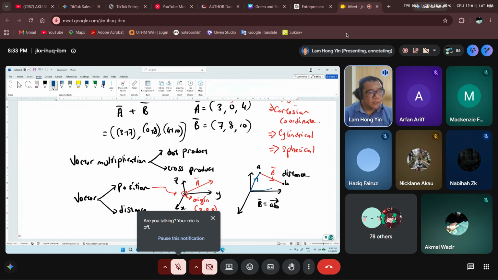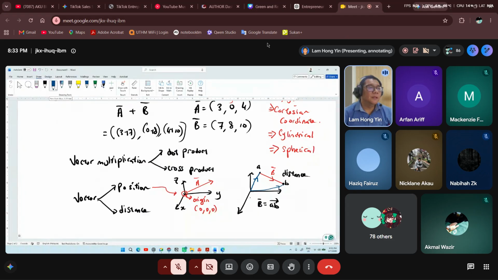And we can have another position vector from the origin to the point B. If I label this as vector A and this as vector B, small letter, then in order to identify vector capital B, I can use vector B minus vector A. This is the position vector, and the small letter A is also a position vector.